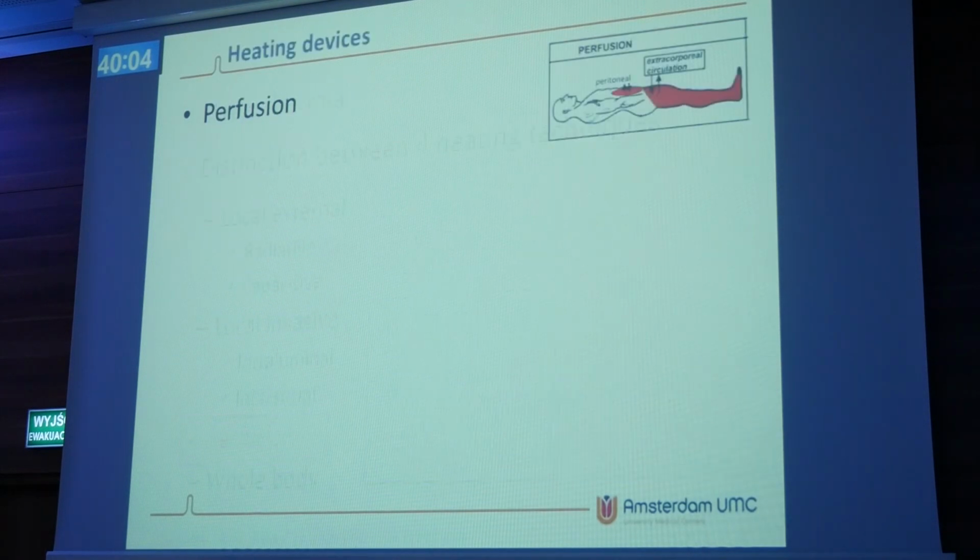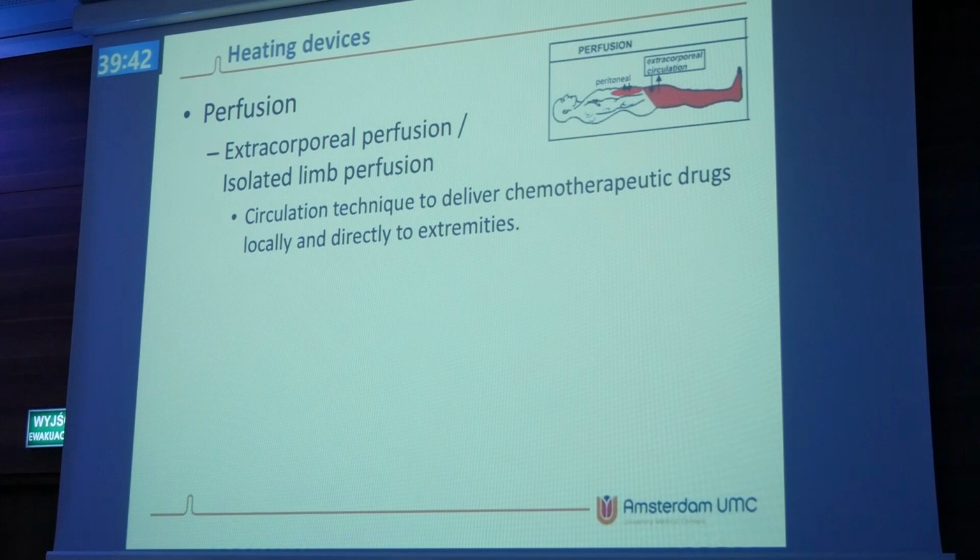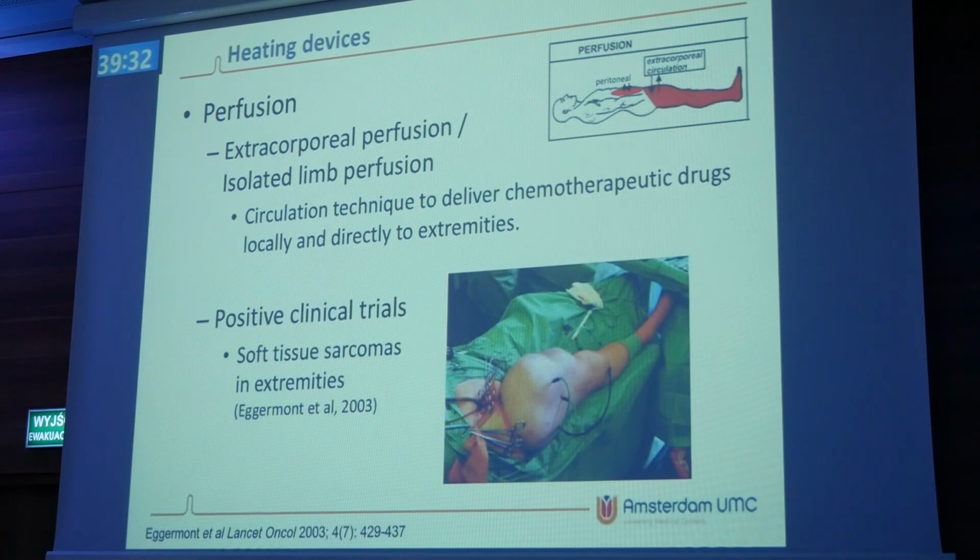Perfusion techniques. These are, of course, a logical idea if the tumor is located in a limb, for instance, and if the chemotherapy of choice can cause serious systemic toxicity. In that case, an isolated perfusion is a logical option. So you can then even increase the dosage to the limb and to the tumor without serious systemic toxicity.